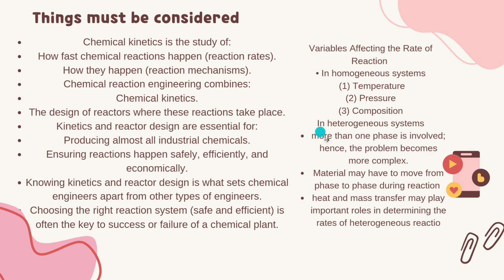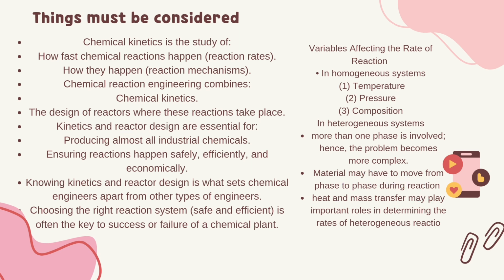In a heterogeneous system, more than one phase is involved, hence the problem becomes more complex. It will not be simple like in a homogeneous system. Material may have to move from phase to phase during reaction.